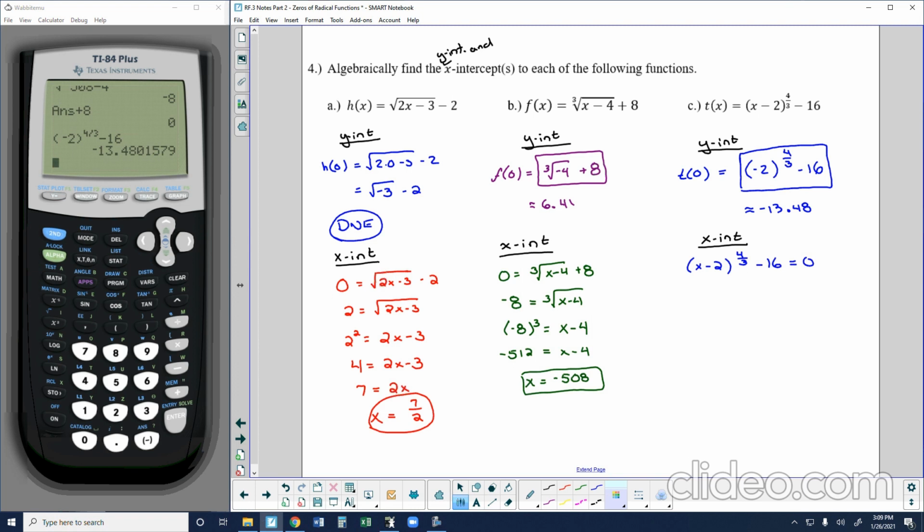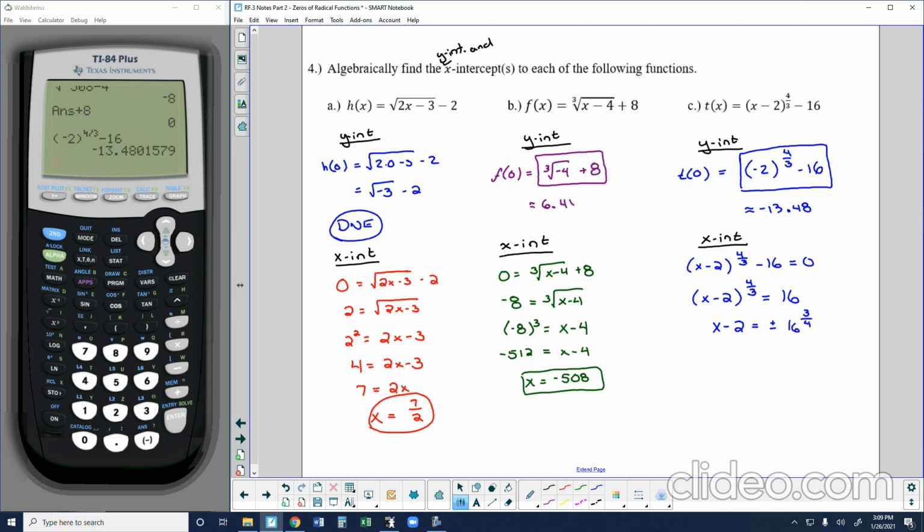So I'm going to add 16 to get my rational exponential expression by itself. Then I need to get rid of the exponent that is the 4/3 power. And so this would be x minus 2. Sorry, our radicand here is not going to change. It's just going to be x minus 2 plus or minus 16 to the 3/4 power.